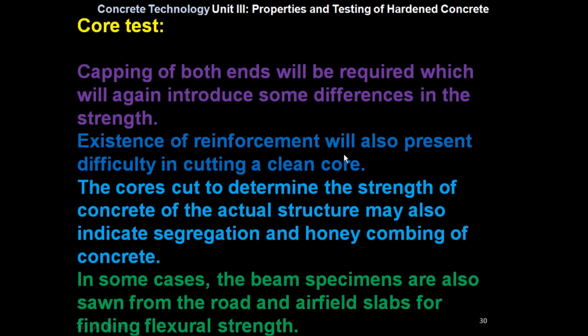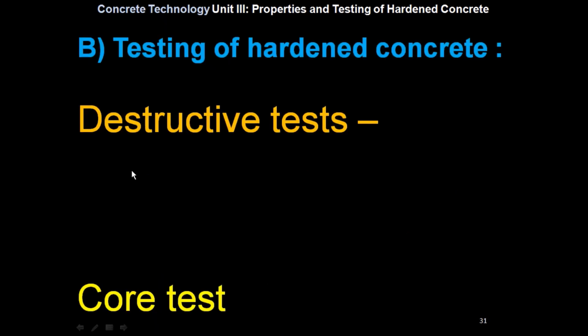Existence of reinforcement will also present difficulty in cutting a clean core. The cores cut to determine the strength of the concrete of the actual structure may also indicate segregation and honeycombing of the concrete. In some cases, beam specimens are also cut from the road and airfield slabs for finding flexural strength. So we have seen the destructive test, the core test.